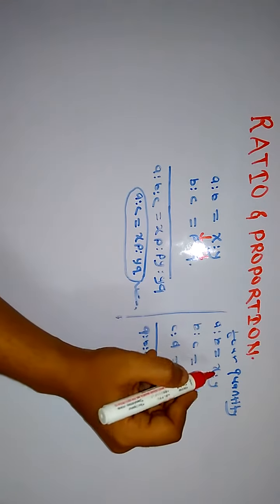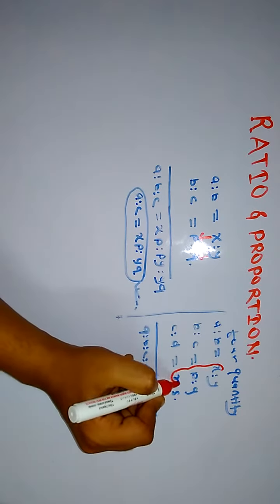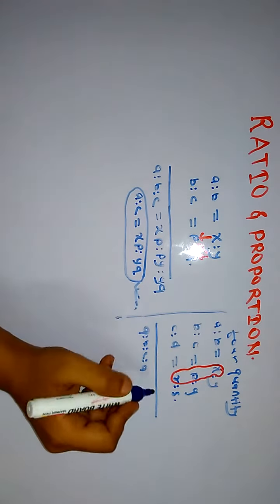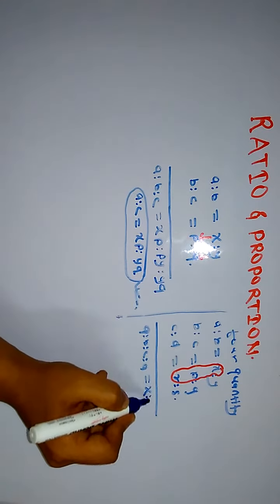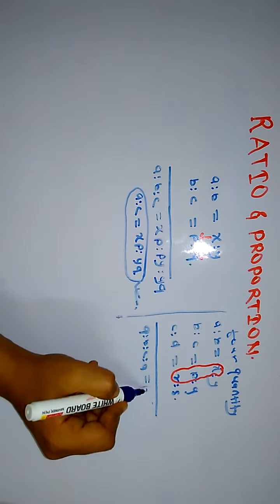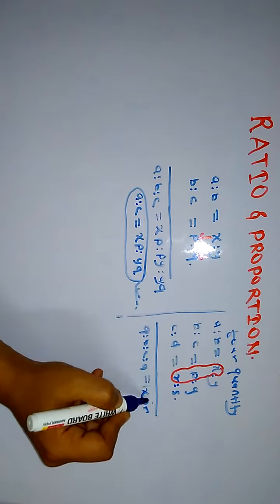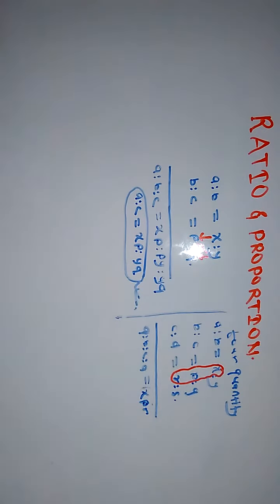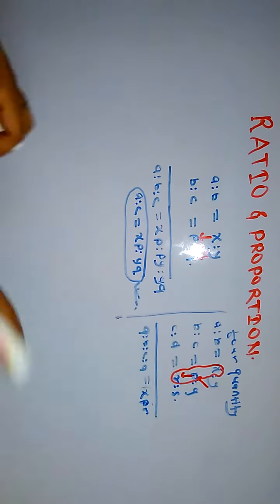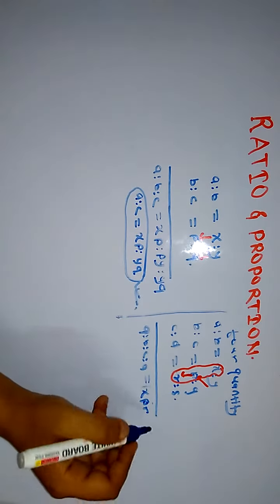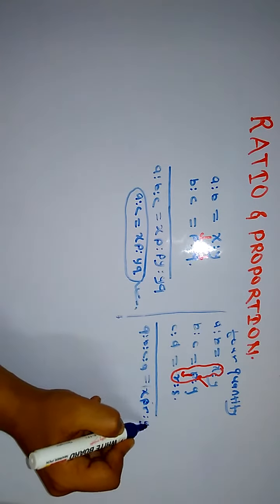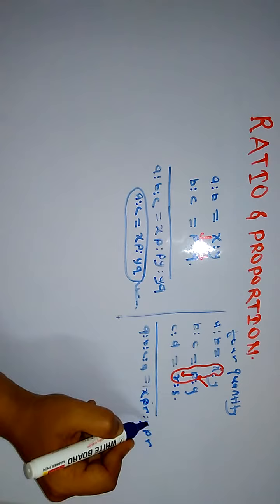So first multiply this. So this will be x is to p is to, sorry, x p r. Okay, then multiply this. So the ratio will be y p r.